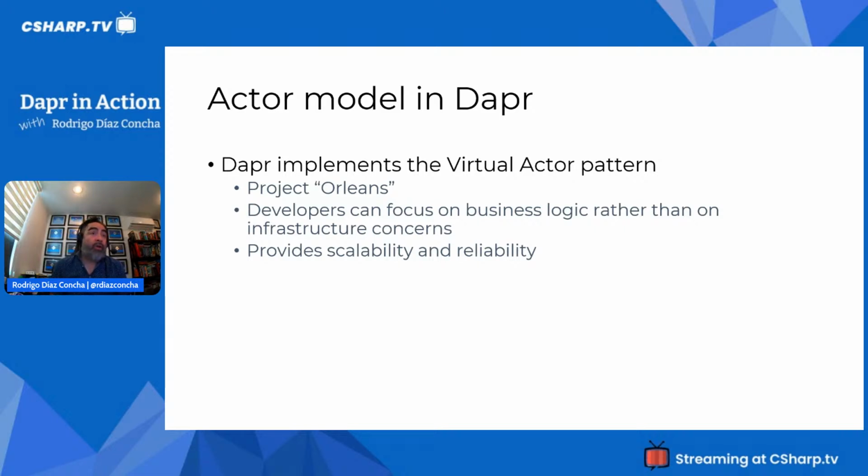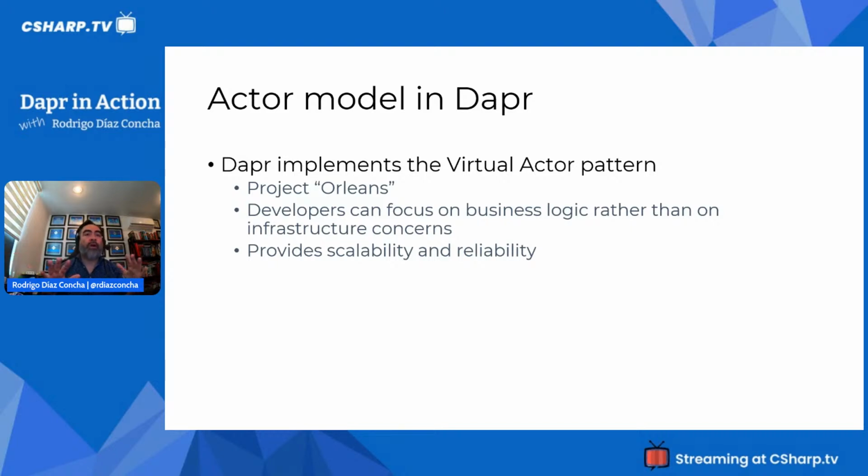So this is pretty cool because you can focus on business logic rather than on infrastructure challenges, right? It's no fun to be configuring and doing those infrastructure things when you're trying to engineer a solution by using the actor model. That's why the virtual actor pattern is so cool.